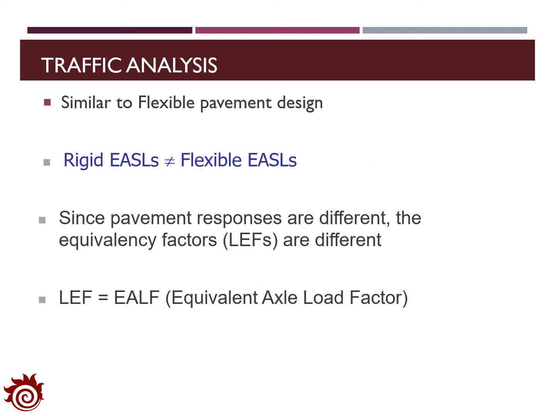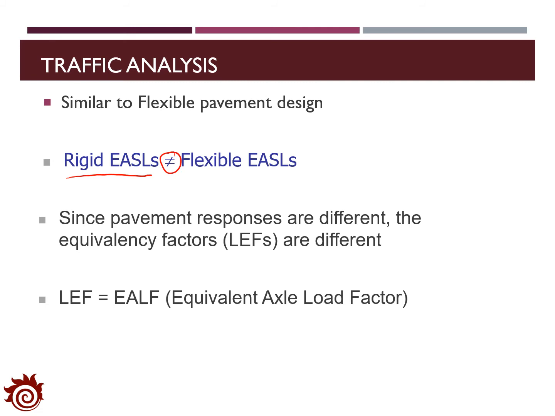Now let's make a quick summary about the traffic analysis for the rigid and the flexible pavement design. Basically, the procedure of the traffic loading estimation is the same for the flexible and the rigid pavements. However, the rigid ESALs is not the same as the flexible ESALs.